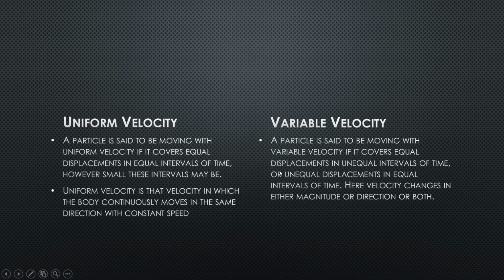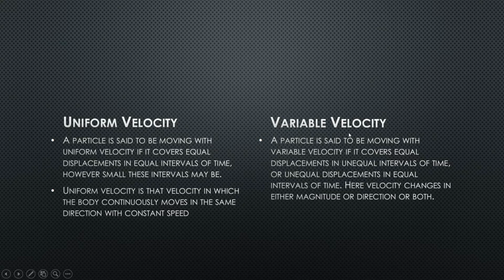So there are different types of velocity: uniform velocity and variable velocity. A particle is said to be moving with uniform velocity if it covers equal displacements in equal intervals of time, however small these intervals may be. Uniform velocity is that velocity in which the body continuously moves in the same direction with constant speed.